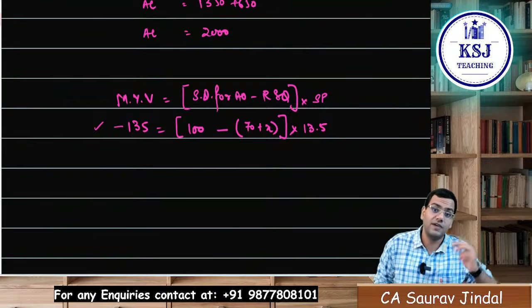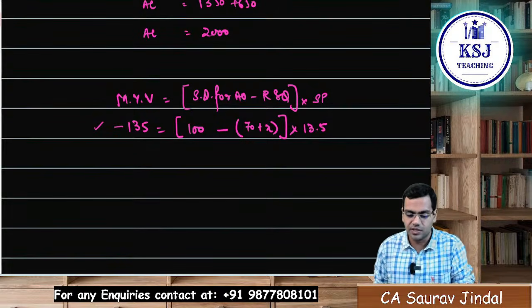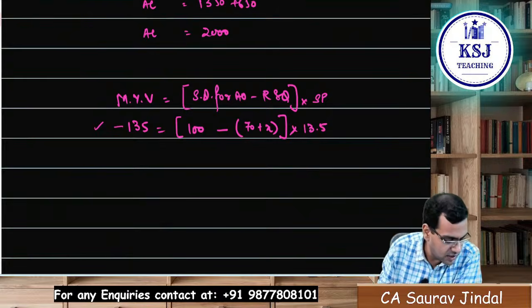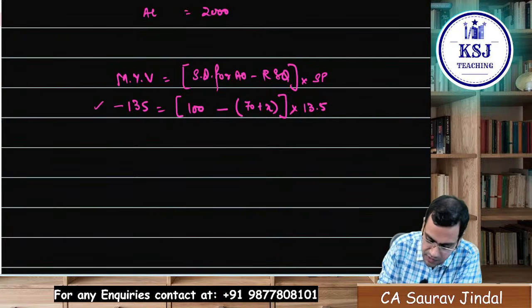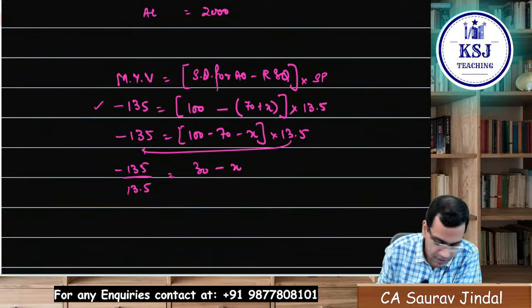Now there are two different standard prices, so what we are going to take is the simple average price. From this calculation, minus 135 is equal to 100 minus 70 minus x into 13.5. I'll divide it: minus 135 divided by 13.5 is equal to 30 minus x, right?